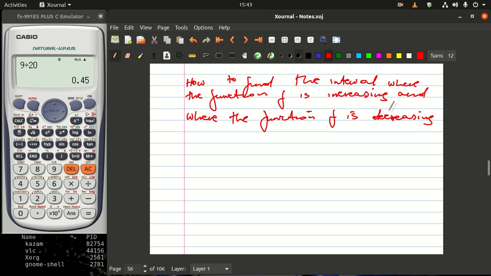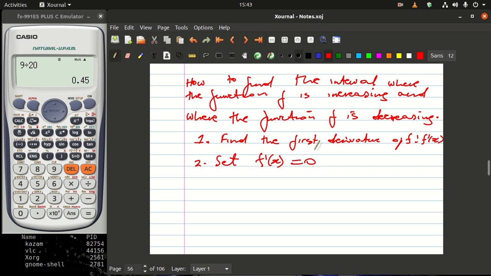The first thing that you need to do is find the first derivative of f. That is, find f prime of x. The second step is to set f prime of x equal to 0, and then solve for x.